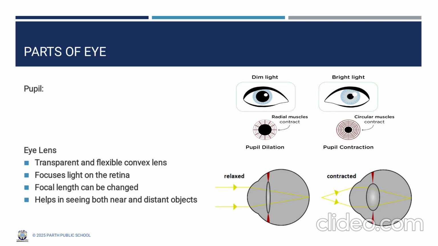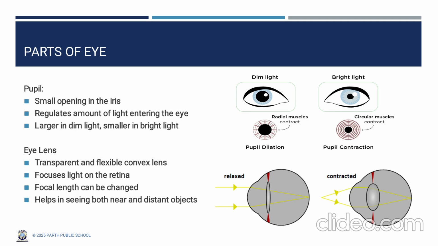The next part of the eye is the pupil. Pupil is a small opening in the iris. This is a hole, which is black in color. We can see it on the right hand side in the pictures. It basically regulates the amount of light entering the eye. When we are in a darker room, it widens. The size of the pupil increases so that the maximum amount of light can enter into the eye.